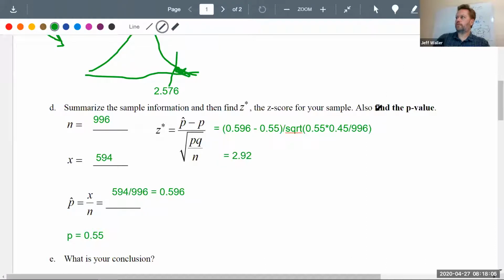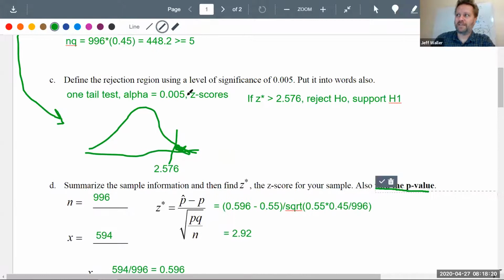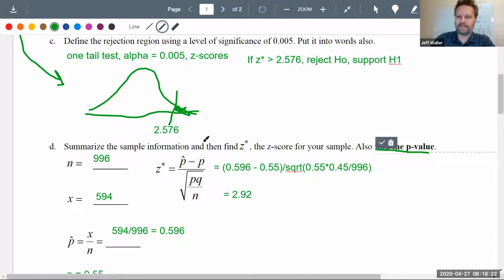Now, look right here. We're going to find the p-value in a minute. When you learn this stuff in statistics, it feels like the p-value is an extra step. In fact, the way I've taught it sort of makes it come that way. But in the real world, this step here does not really exist for a given problem.